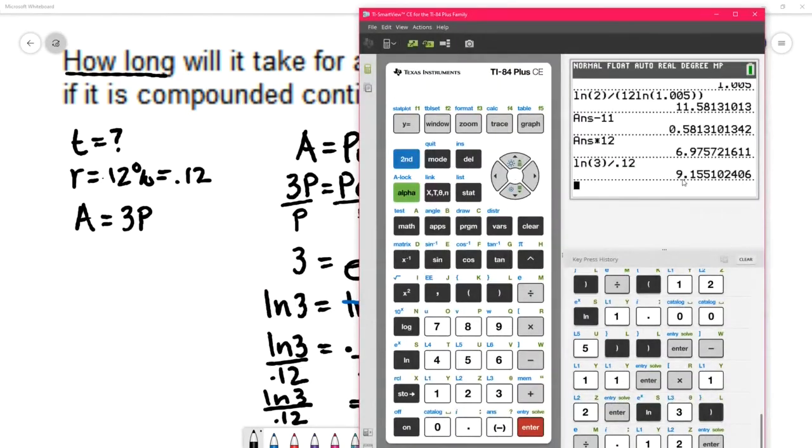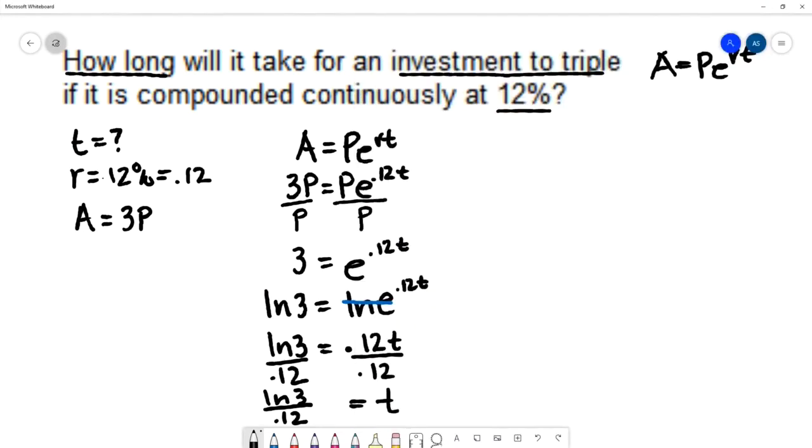So we're going to round 9.16 years. So it'll take 9.16 years to triple our money at a 12% interest rate compounded continuously.